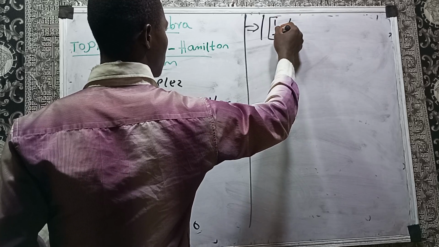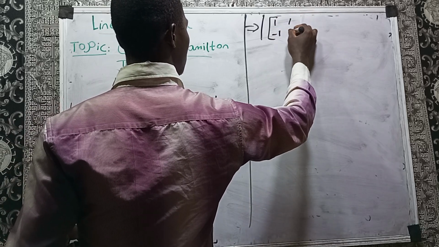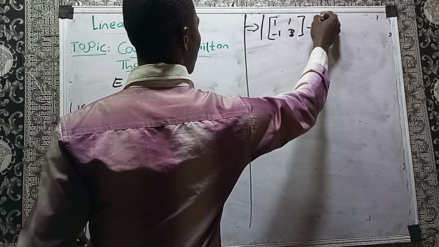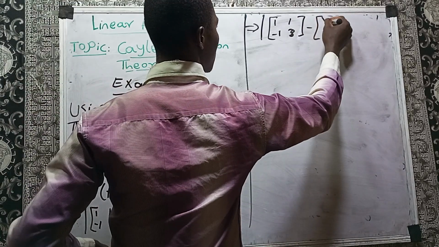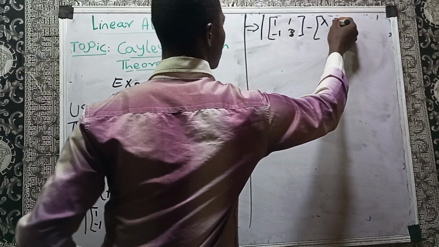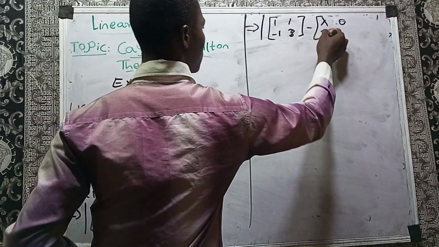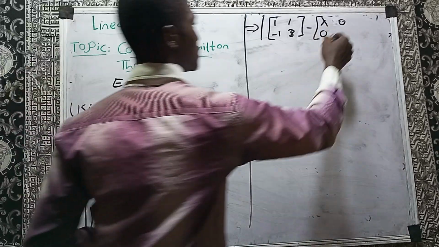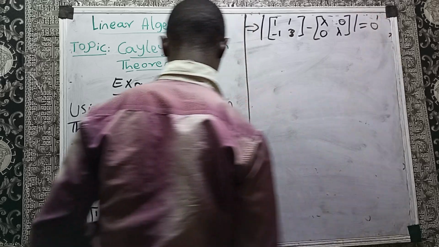So this implies determinant of 1, 1, negative 1, 3, minus, so let's multiply: lambda multiplied by 1, lambda, lambda multiplied by 0, 0, lambda multiplied by 0, 0, lambda multiplied by 1, lambda, determinant equals 0.